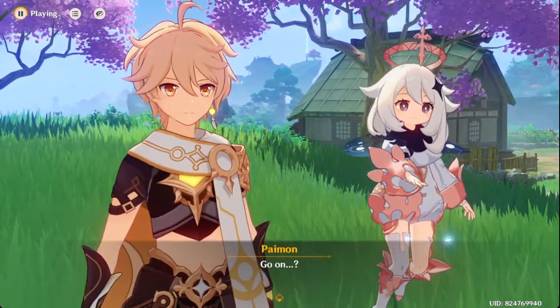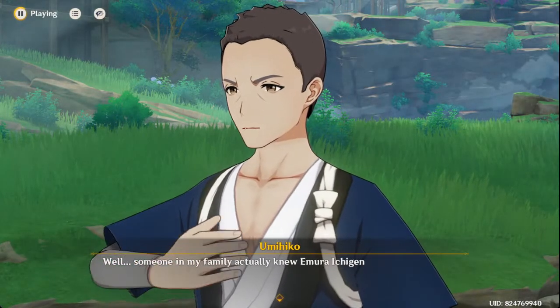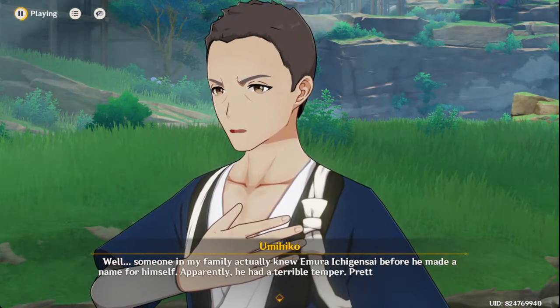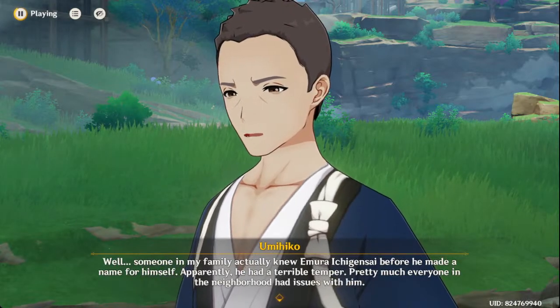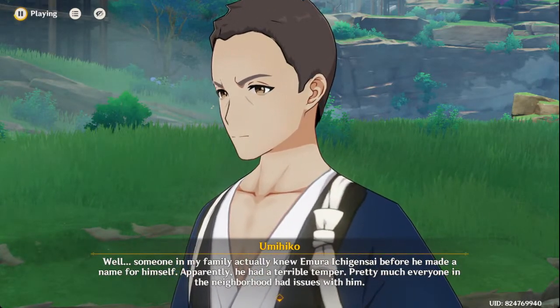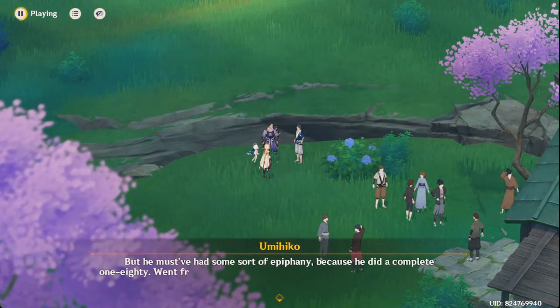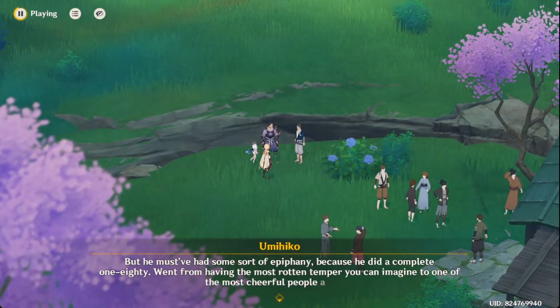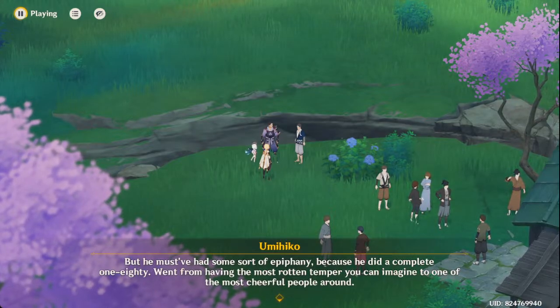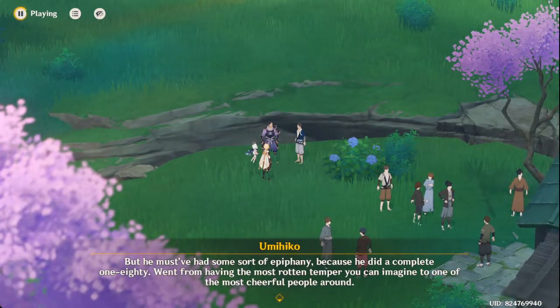Well, someone in my family actually knew Imura Ichigensai before he made a name for himself. Apparently, he had a terrible temper. Pretty much everyone in the neighborhood had issues with him. But he must have had some sort of epiphany, because he did a complete 180. Went from having the most rotten temper you can imagine to one of the most cheerful people around.